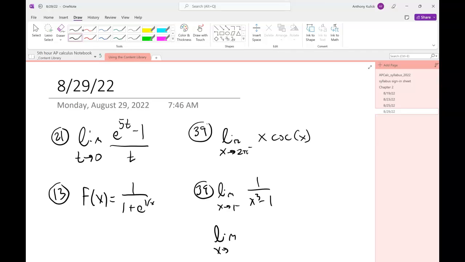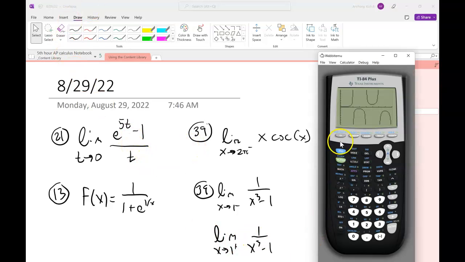And it gave us some instructions as to how to do that: by picking values as we approach 1, then by reasoning, and then from the graph. So let's start that.